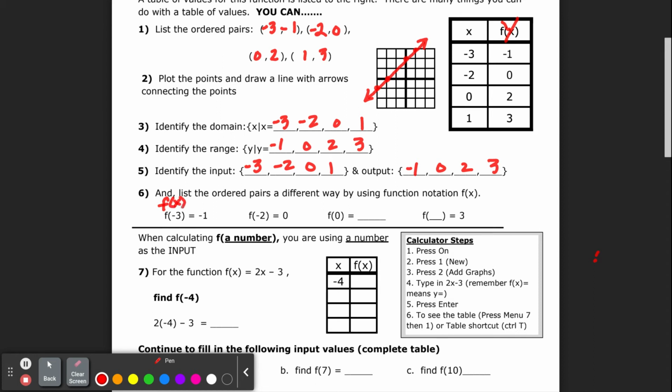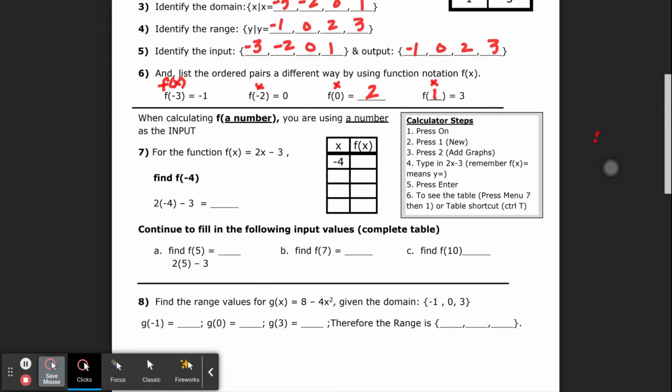So the x is -3, the y is 1, just as it is in the table. Then here our x is -2, 0. And then here our x is 0, and our y would be 2. And then here our x, remember it's f of x, would be 1 when our y is 3.